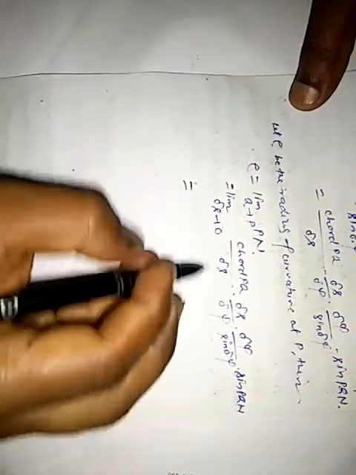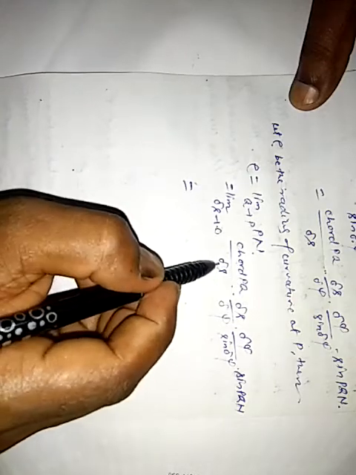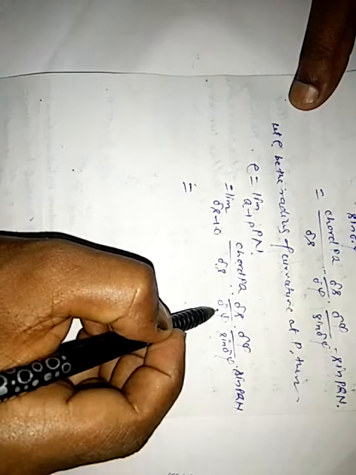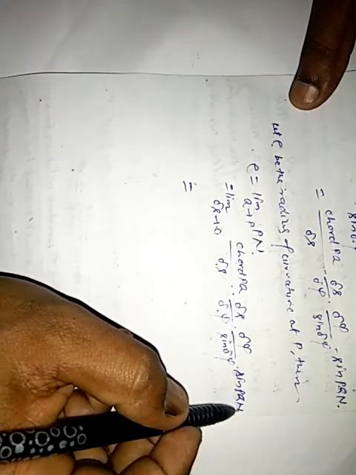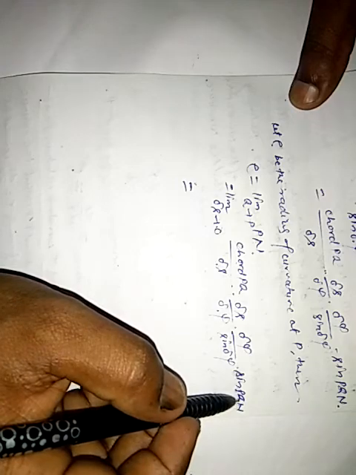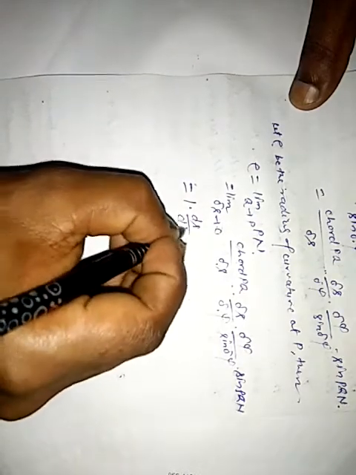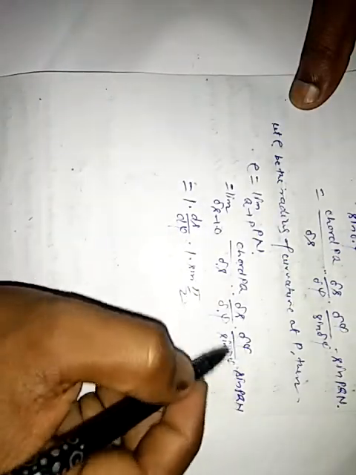Now, as delta s tends to 0, chord PQ upon delta s is equal to 1, and delta s upon delta psi tends to ds upon d psi. As Q tends to P, angle PQN is equal to pi by 2, so sine pi by 2 is 1, and delta psi upon sine delta psi tends to 1.